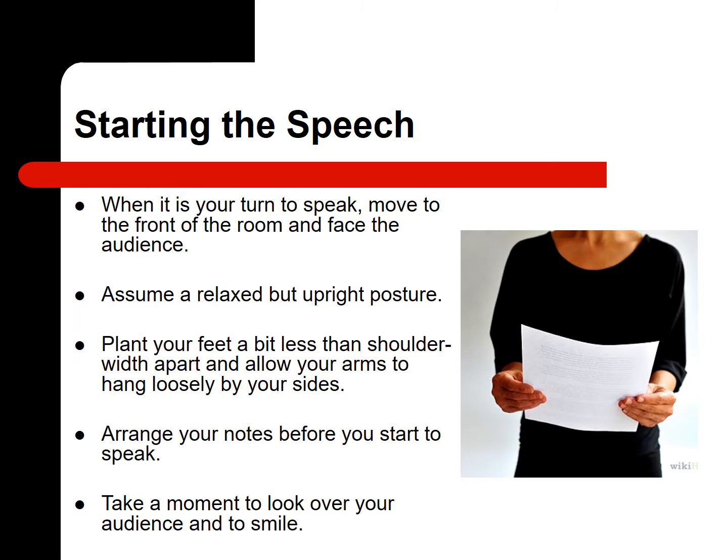Now, actually starting the speech is the hard part. When it's your turn to speak, you are going to move to the front of the room and face the audience. And this is where the nerves start to set in. You need to stand up straight, not leaning on the board, not leaning on the podium, shoulders back.